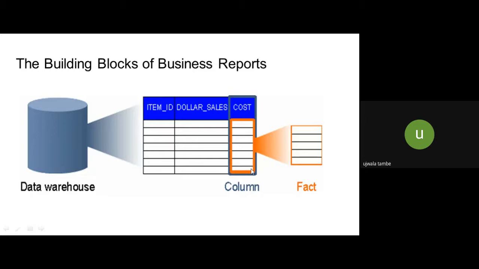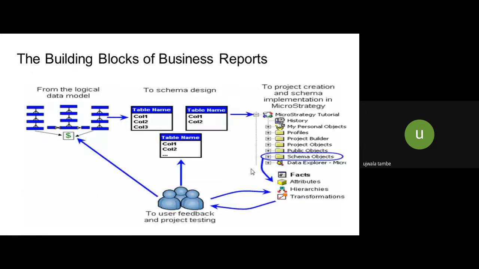Along with the facts, the attributes are also necessary to define any kind of project. So this is the structure of the attributes and the facts. Later I'll show you a practical demonstration of the modeling phase of the dashboard.